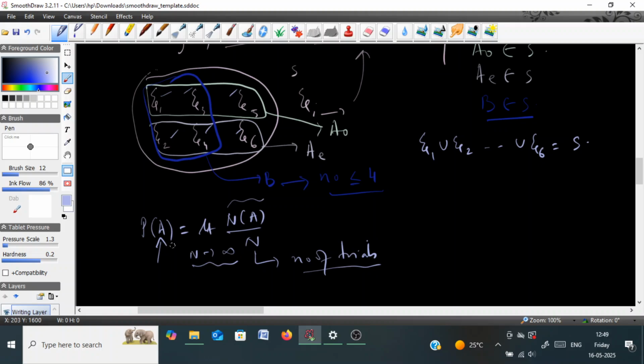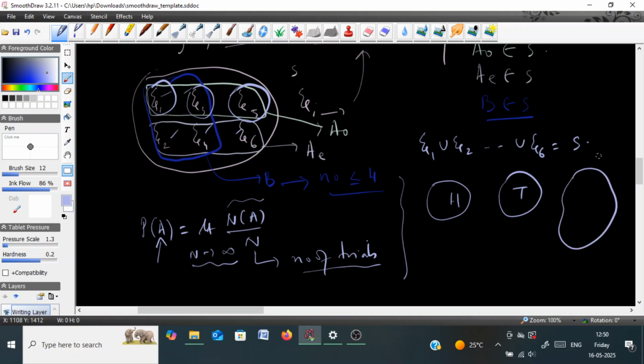This event A itself may be an elementary event, that means a single outcome of the sample space. Suppose you toss a coin. The outcome can be head or tail. So in the sample space S, you have two possible outcomes, head or tail, right?